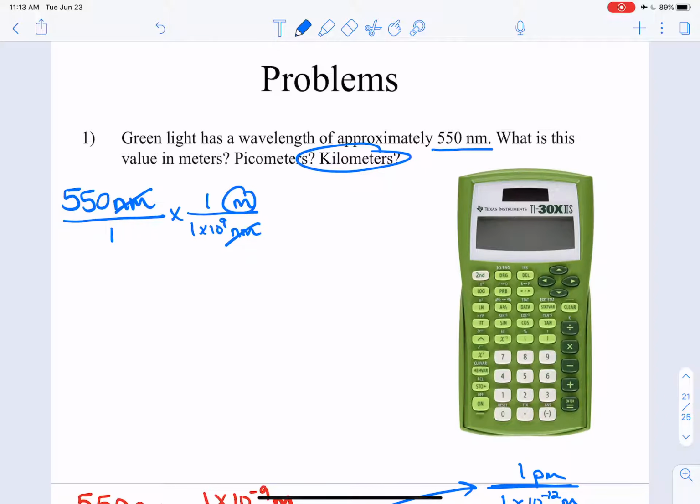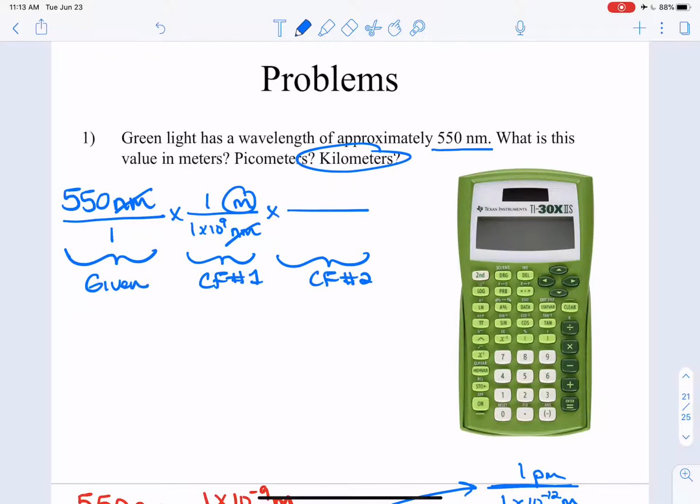And we are in meters, but we're not done. We need to get to kilometers. So I need to get rid of meters. Do I put it in the numerator or the denominator in my second conversion factor? So this is conversion factor number 1, conversion factor number 2, and this is our given. What I'm going to do is put it in the denominator because I want meters divided by meters, which gives us 1, and I'm going to put kilometers in the top. Which is bigger, kilometers or meters?